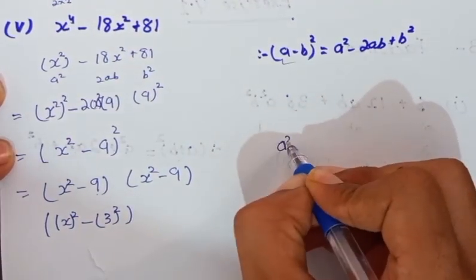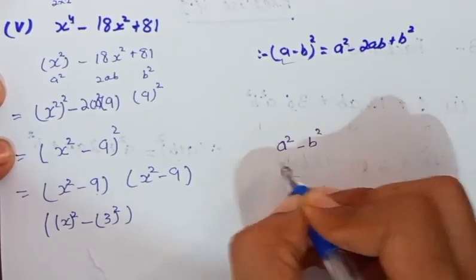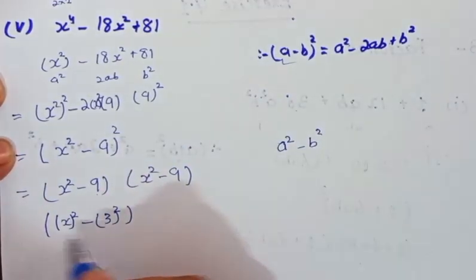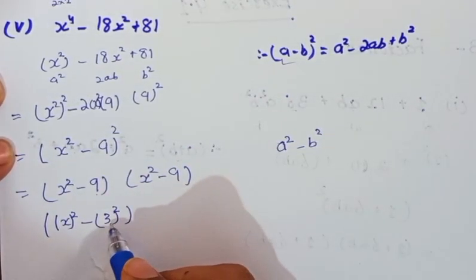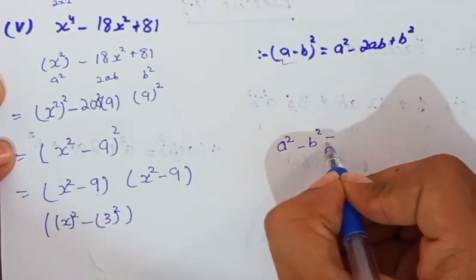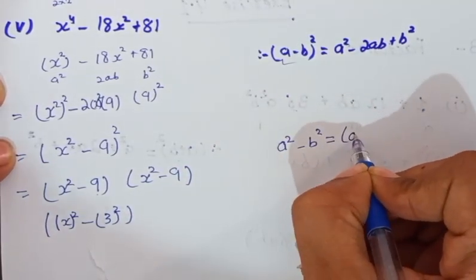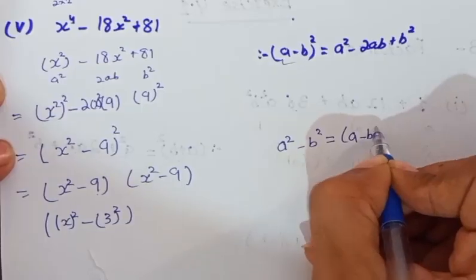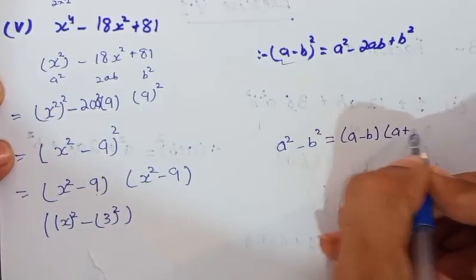See here, a square minus b square equals this one, x square minus 3 square. So it will equal a minus b, a plus b.